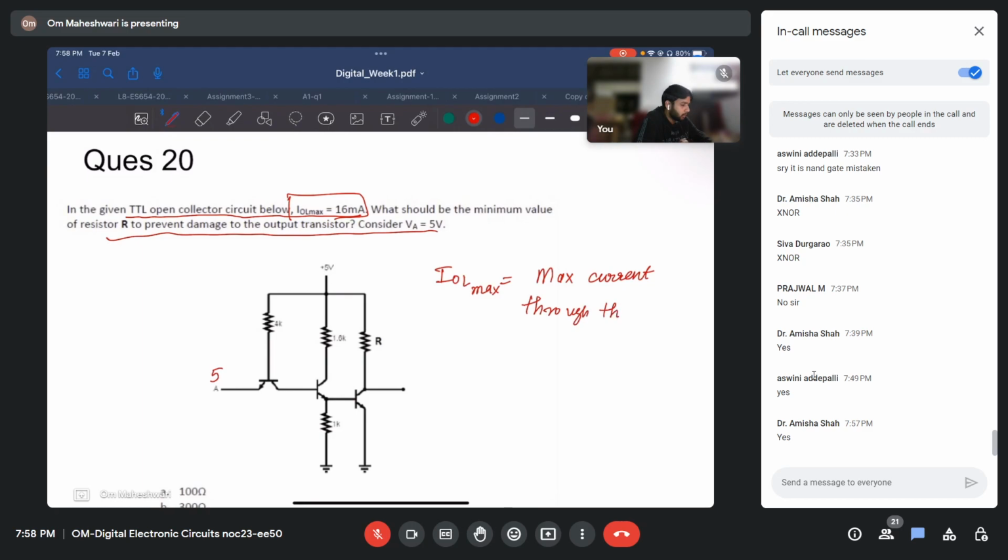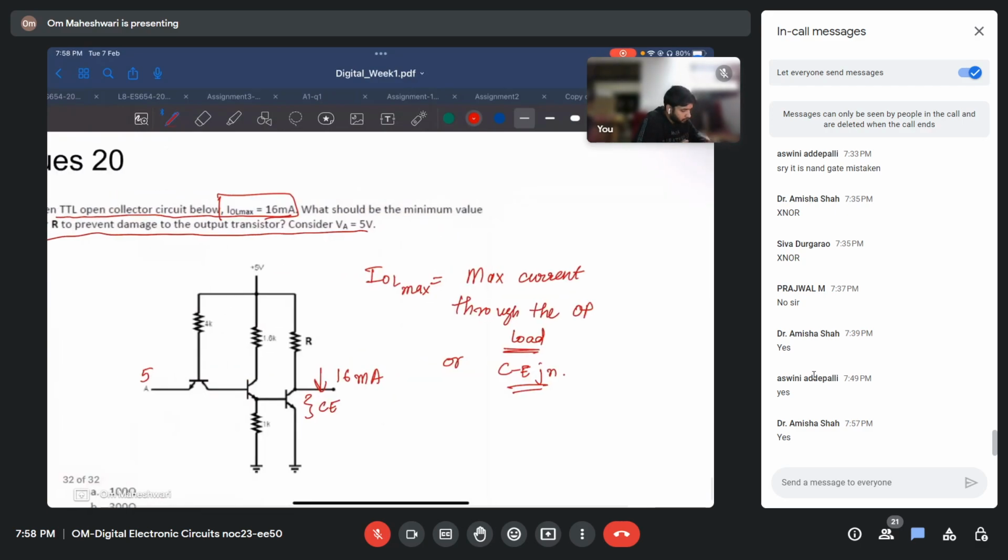through the output load. Here the load is what? This C is the load, right? C junction. So given that, the current flowing through here is 16 milliampere.